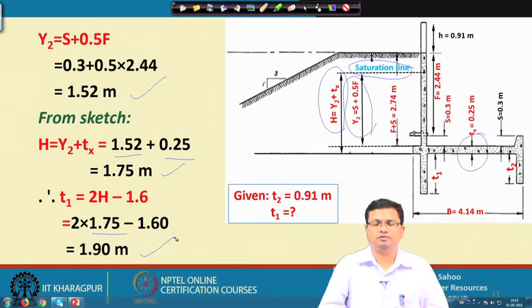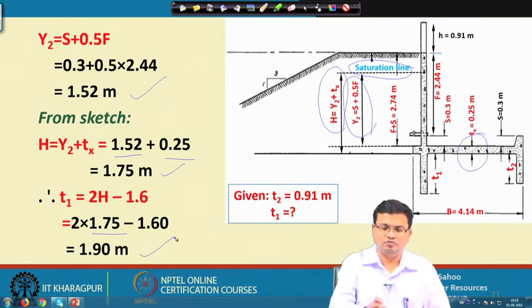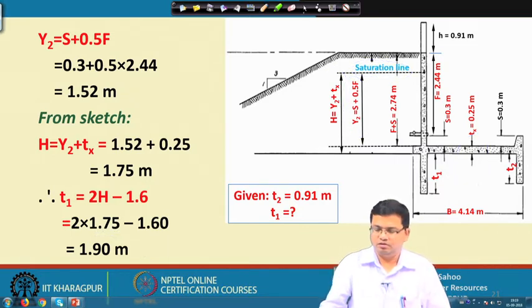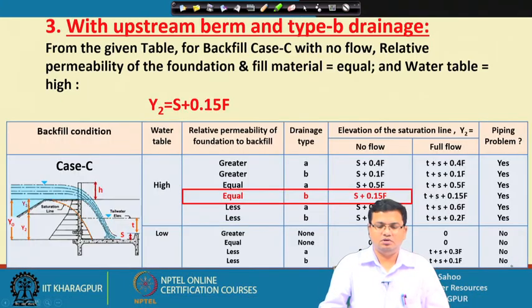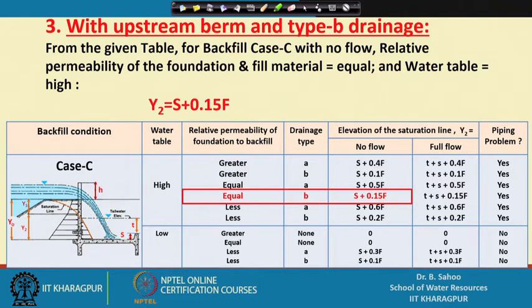Similarly, you can do for the third case. For the third case, it is type B drainage. For type B drainage, similarly you can select my y2 value. In this case, you can see the y2 value is equal to S plus 0.15F, that you can see from this table.